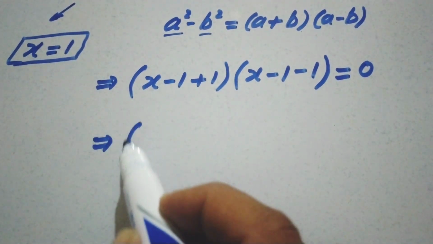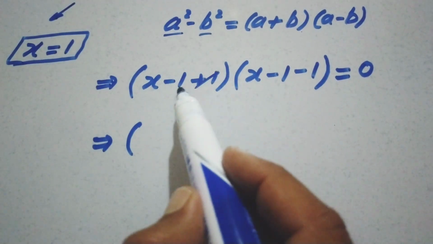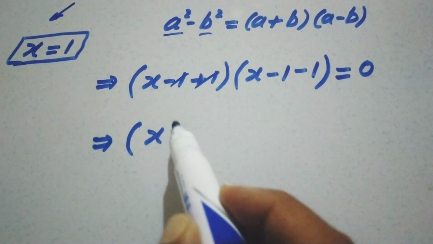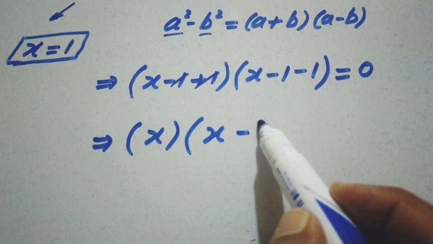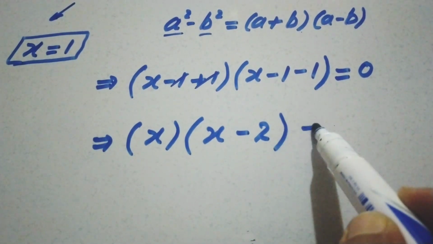Now x − 1 plus 1 is 0, so x will be left, and here x − 1 minus 1 gives us x − 2 = 0.